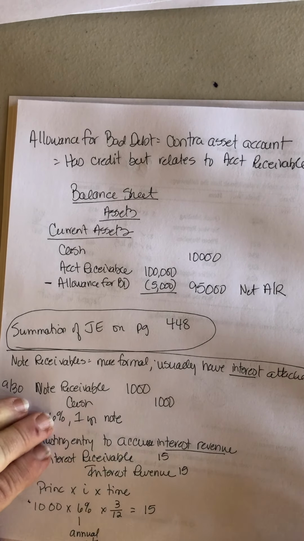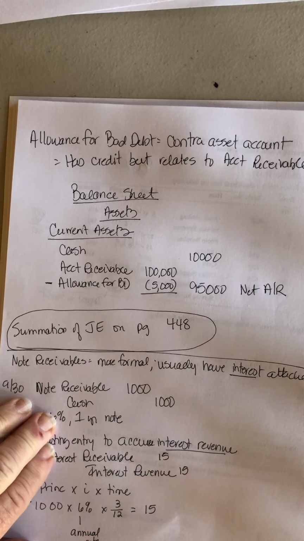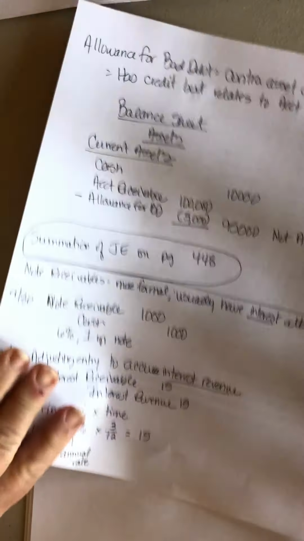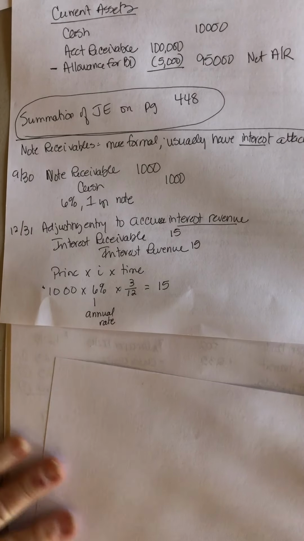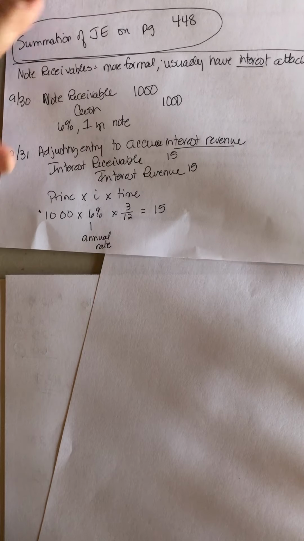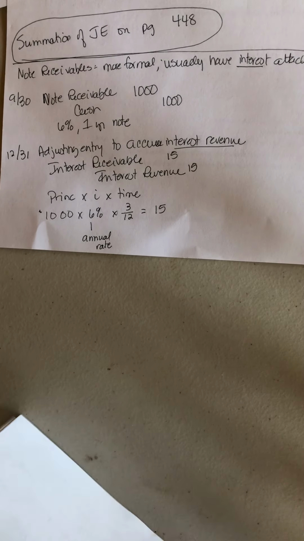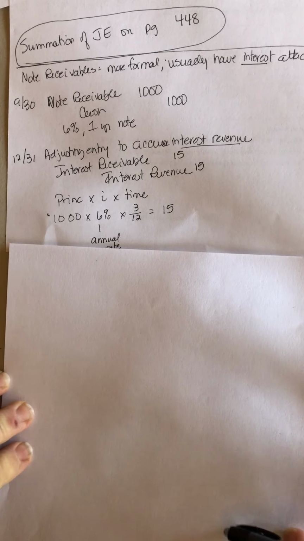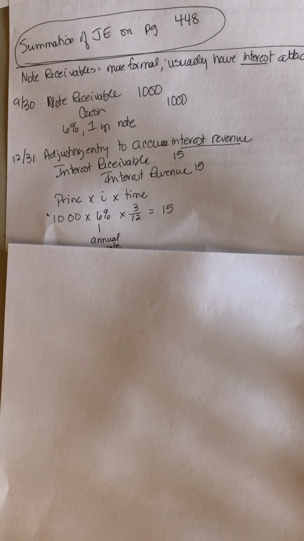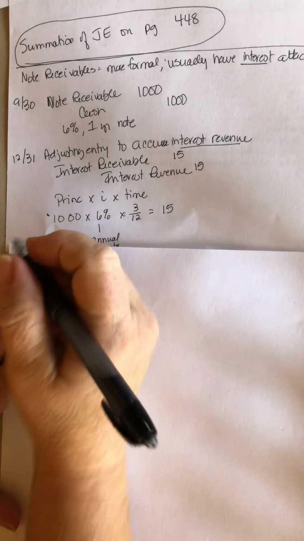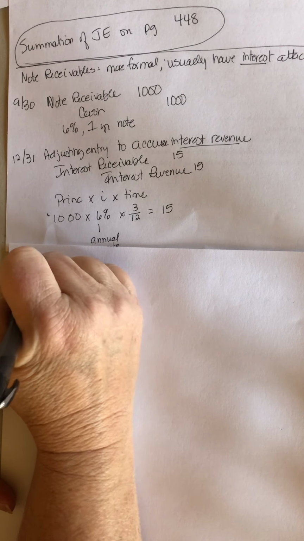Then when she pays me, let's put this like this. Make sure y'all can see that. She's going to pay me on September 30th of the next year.